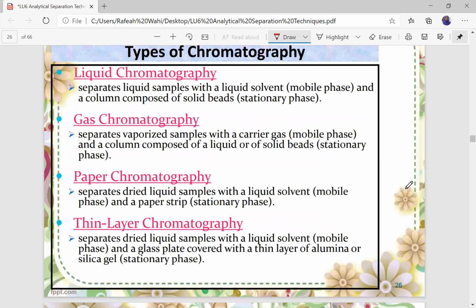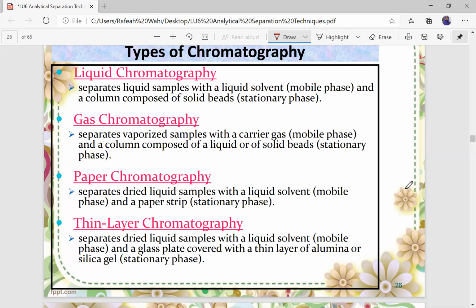These are the types of chromatography analysis. We have liquid chromatography, which separates liquid sample with a liquid solvent as the mobile phase, and a column composed of solid beads as the stationary phase. The second type is gas chromatography, whereby you separate a vaporized sample using carrier gas.